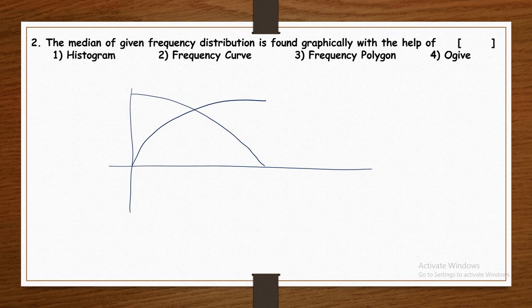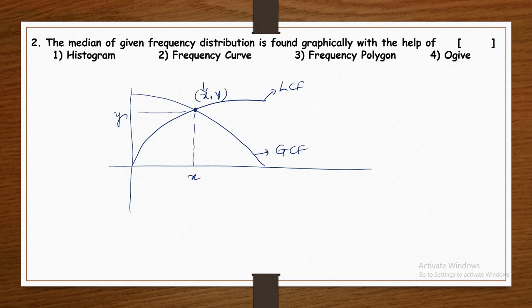This graph is the less than cumulative frequency curve, and this is the greater than cumulative frequency curve, and this point of intersection is where we are going to have the median value. So this is my x value and this is my y value.